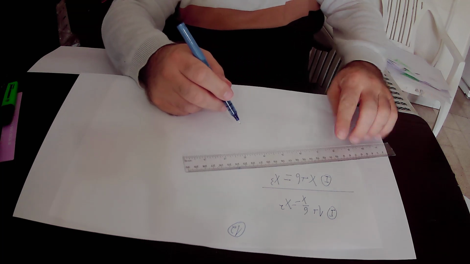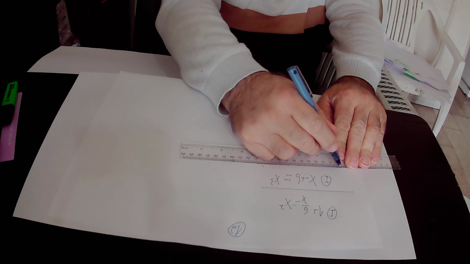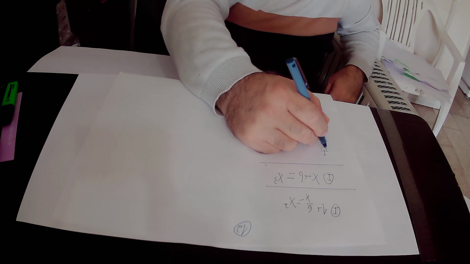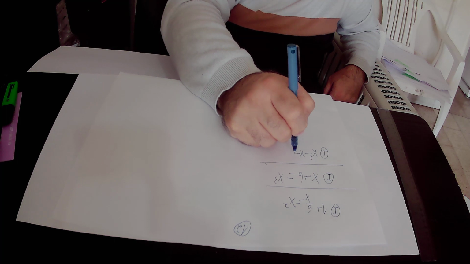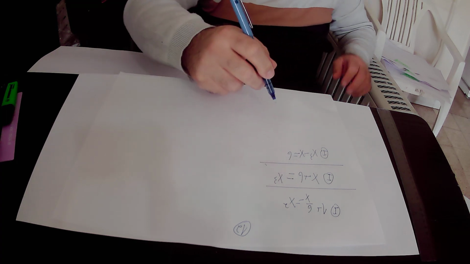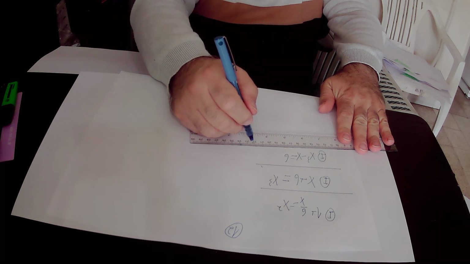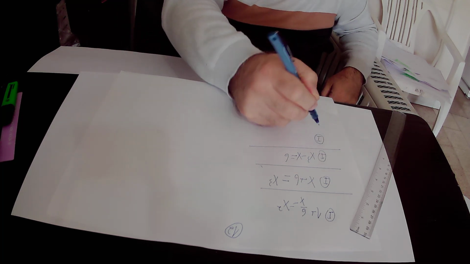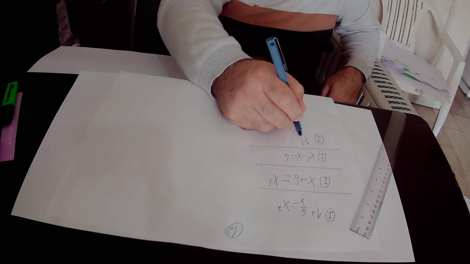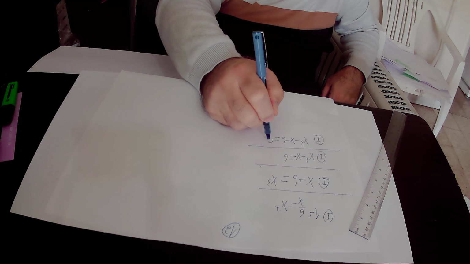So here we will subtract x from equation number 1, and we will get that x cubed minus x equals 6. Here we will subtract 6, and we will get that x cubed minus x minus 6 equals 0.